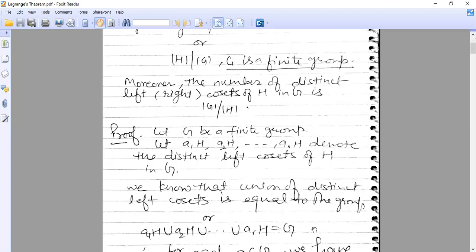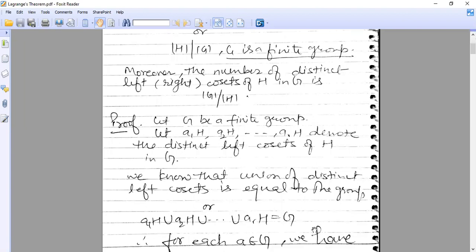Now let us prove Lagrange's theorem. We have taken a finite group. So let G be a finite group and let A1H, A2H, ..., ARH denote the distinct left cosets of H in G. H was your subgroup of G, and as G is a finite group, it has a finite number of elements.